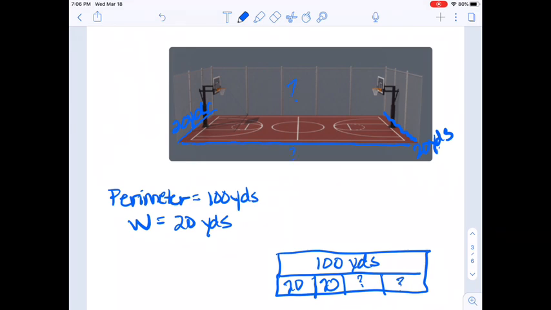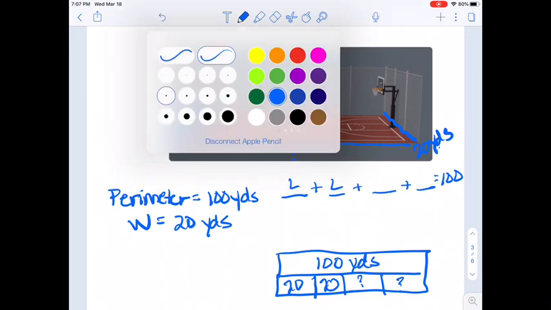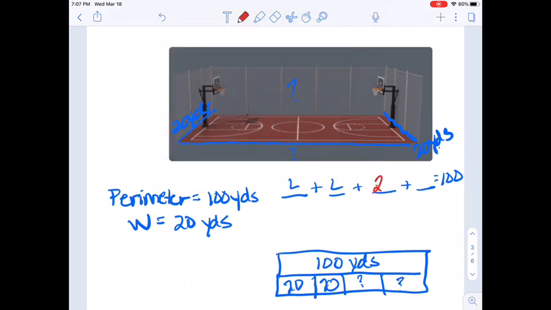What is this length? I could also think of this as length plus width equals 100. And then I could say, wait a minute, I know some of that information. I already know the width. My width, I already know, is 20 on both sides.